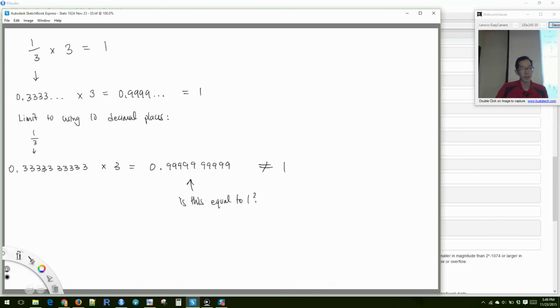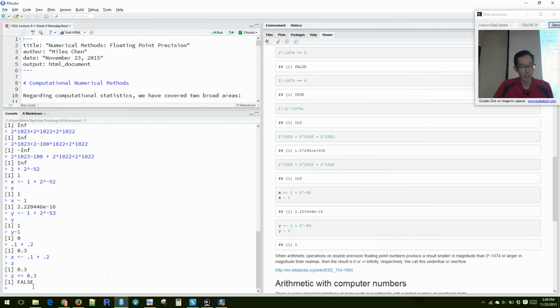When it's inside the computer, it's seeing something like this. It's not exactly 0.3, it's 0.2999 or whatever in the machine code. It's represented as something else, and so it sees this as not being equal to 0.3.